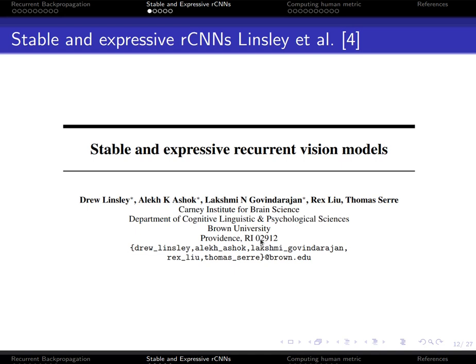Now, the second paper is Stable and Expressive Recurrent CNNs, authored by Linsley. It's a paper from the Thomas Serre lab, which is also the same lab behind the computing a human-like reaction time metric paper.